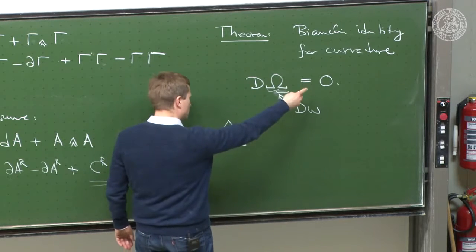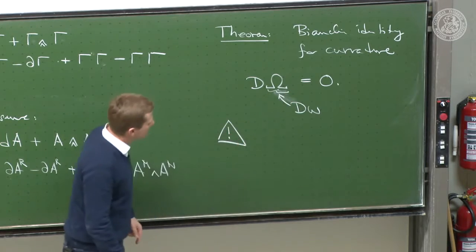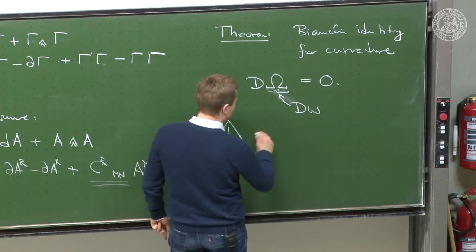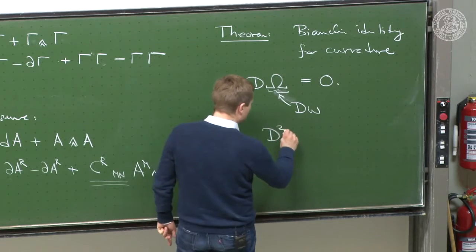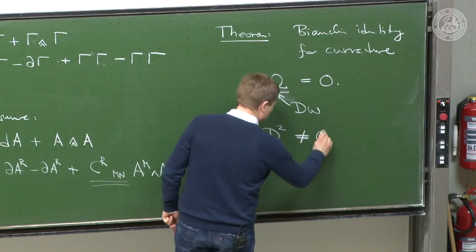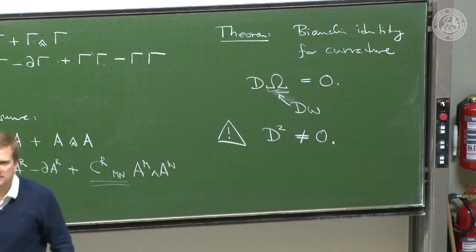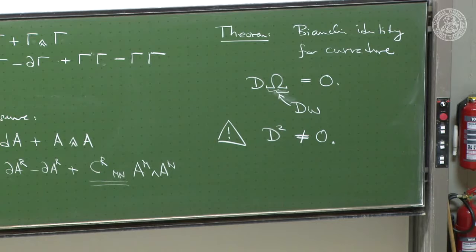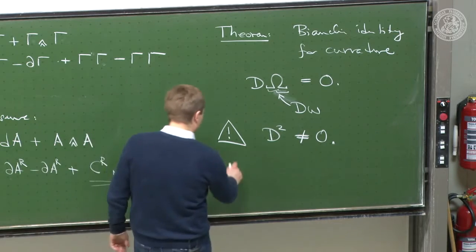While this is true, there is this caveat that in general, D squared is not 0. So the covariant exterior derivative squared is not 0 on everything, but it is 0 on the curvature. The proof is not that simple, but it's not that difficult either, and it goes to the problem sheet.